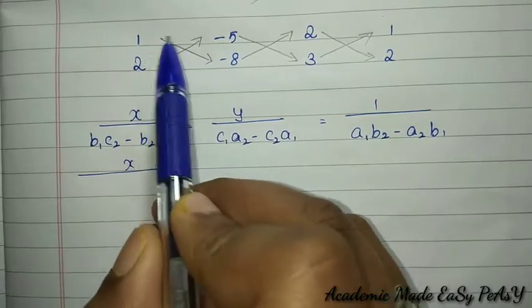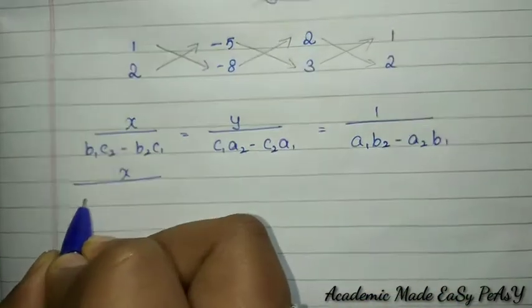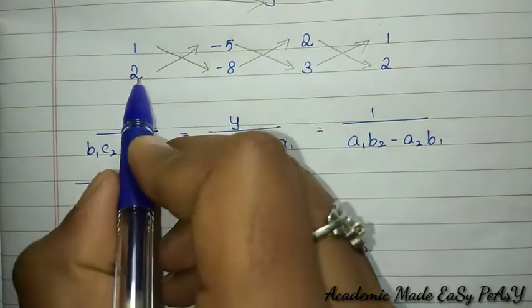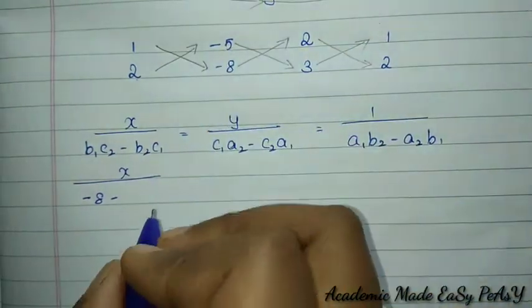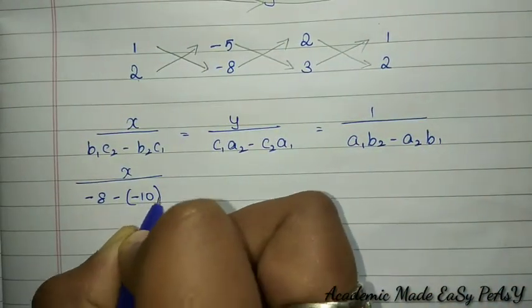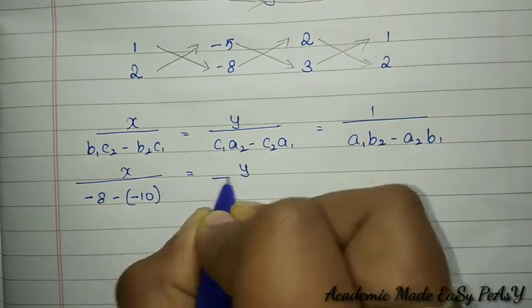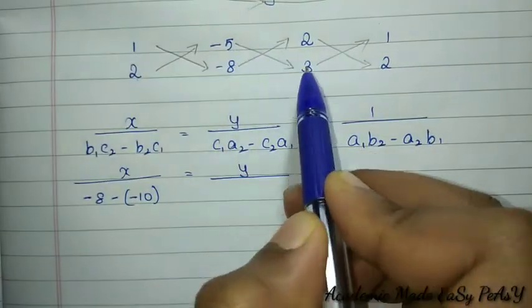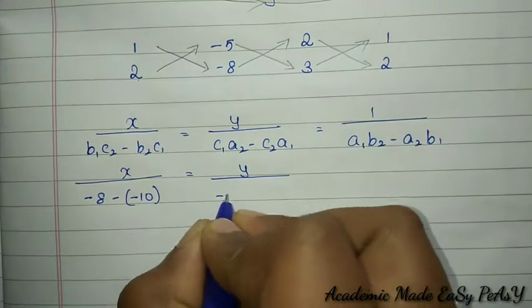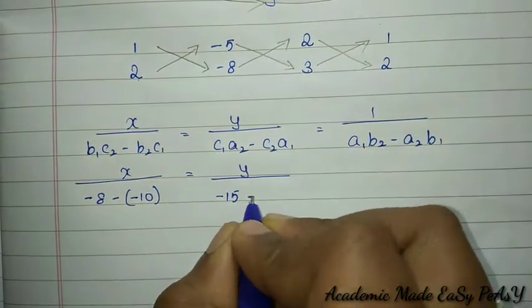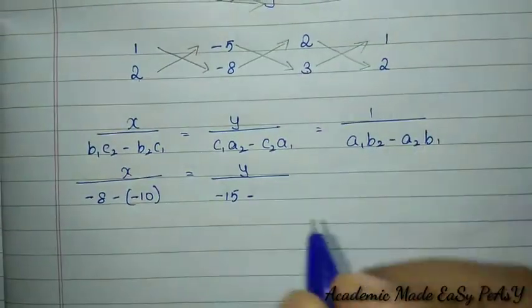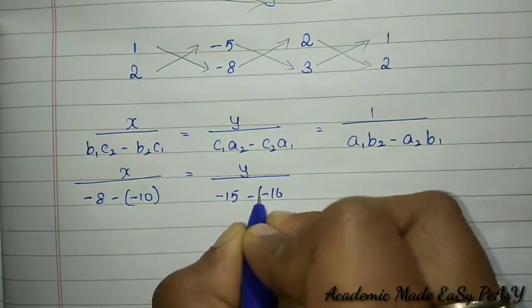So X divided by 1 into minus 8, it is minus 8, minus 2 into minus 5 is minus 10. So minus of minus 10 is equal to Y divided by minus 5 into 3, it is minus 15, minus 8 into 2, it is minus 16.